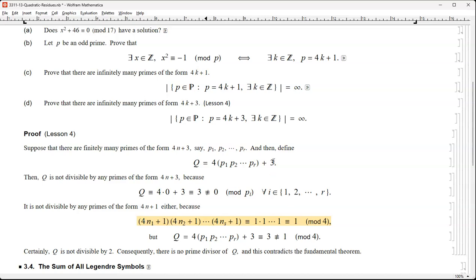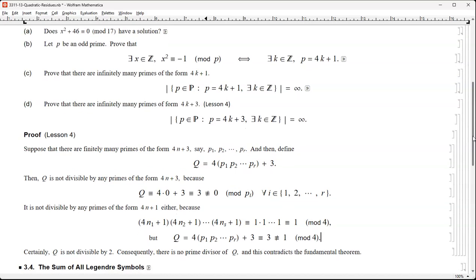But then again, if you go back to the original, 4 times something, so capital Q is congruent to 3 mod 4. In this viewpoint, congruent to 1 mod 4. In this viewpoint, it's congruent to 3 mod 4. So there goes a contradiction. So that's the way we did in lesson 4.